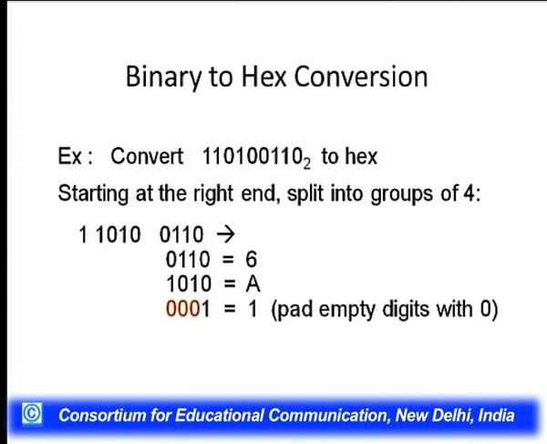You can pad this with 3 preceding zeros, which makes no difference, but that is more for clarity and understanding and for creating uniformity in the procedure. So the number which is coded through this becomes 1A6. This is the hexadecimal representation of the binary number.